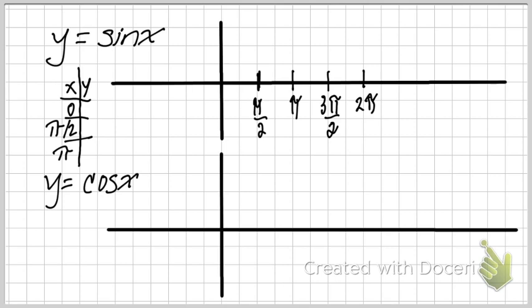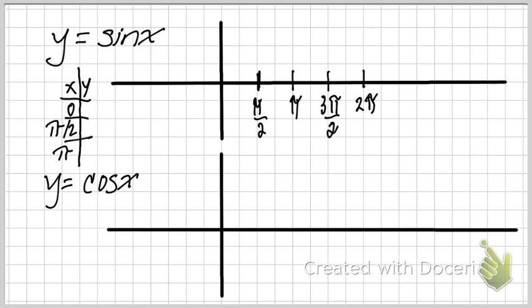So sine x is going to graph by finding 5 key points. Just like if I were graphing a parabola, I would find the key point of the vertex. And if I were going to graph a line, I would find the key piece of information of the slope, and then maybe the key point of the y-intercept.